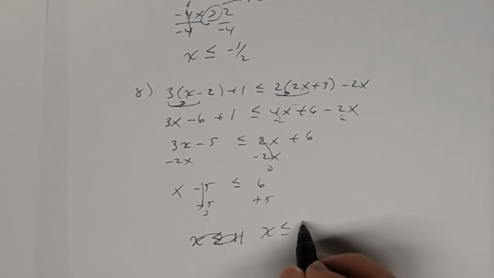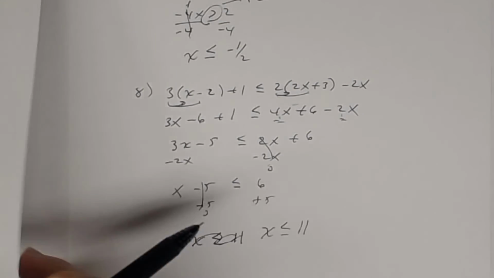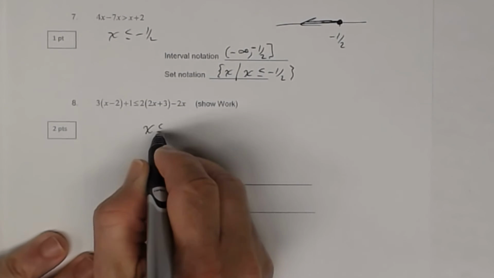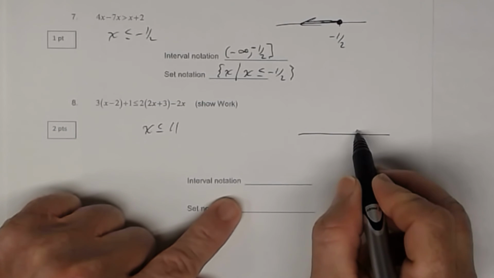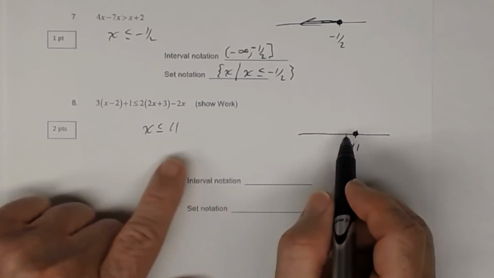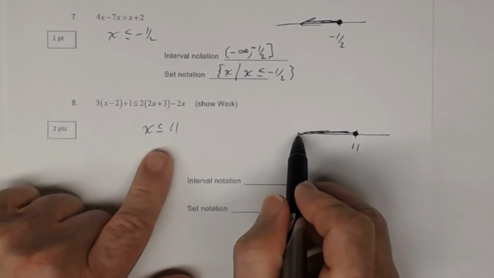Now let me write this. Any real number less than or equal to 11. All right? And so to help me with the interval notation, it is easier if I think about it in terms of its graph. So here's 11 with a closed circle going to the left, because that's what this says, any real number less than that.